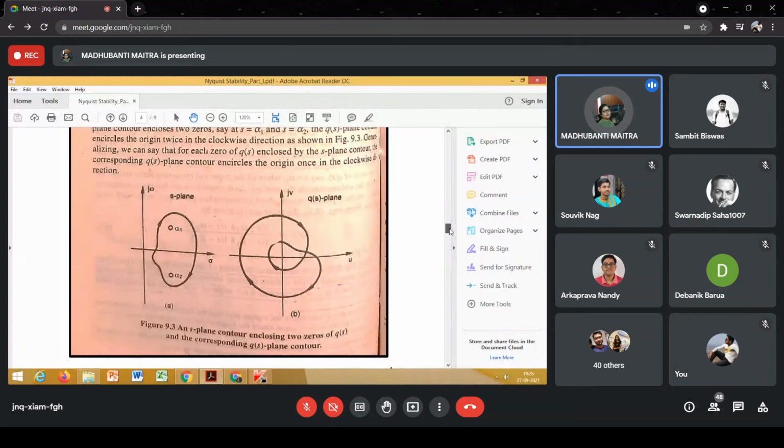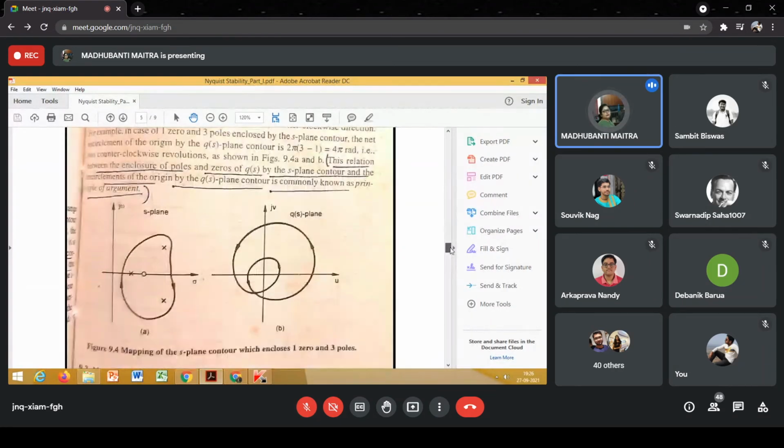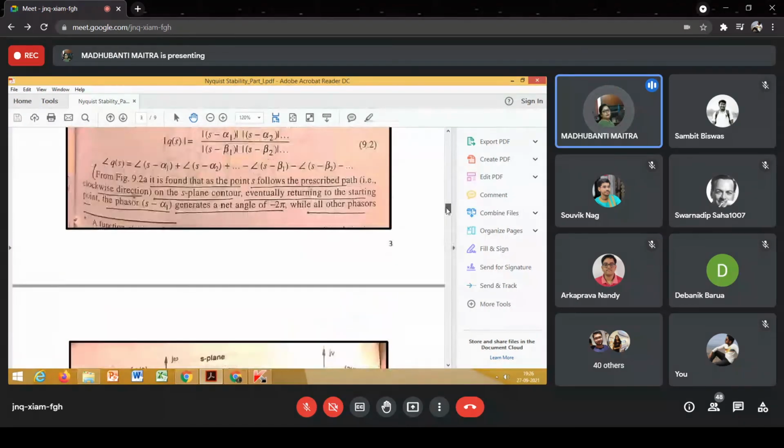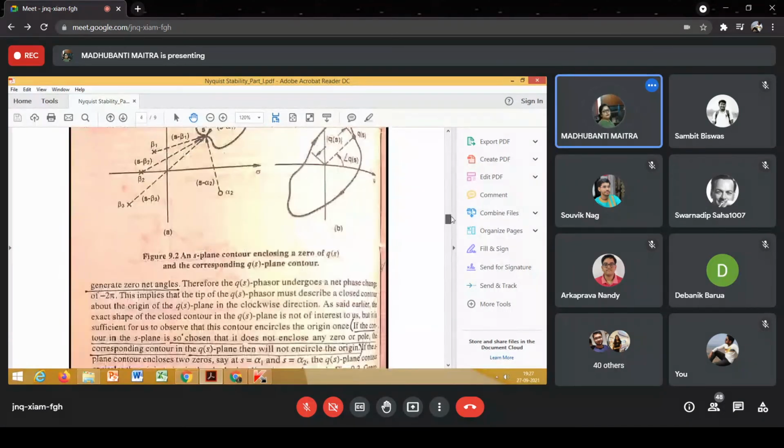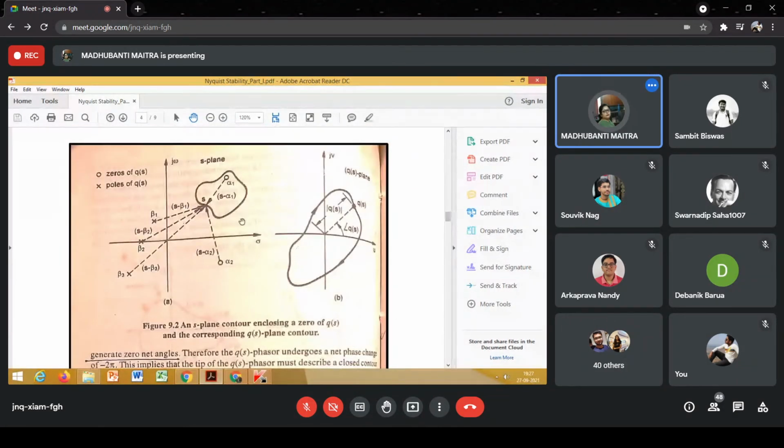Now let us consider a situation where, let me explain first, we take one S-plane contour for a given QS, which obviously does not pass through any singular point.